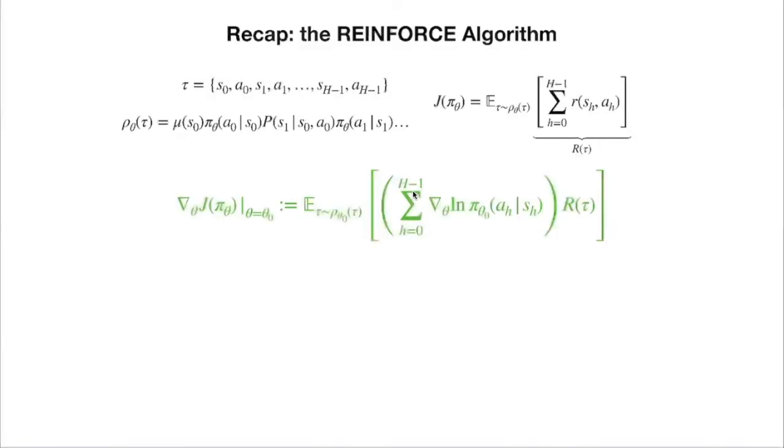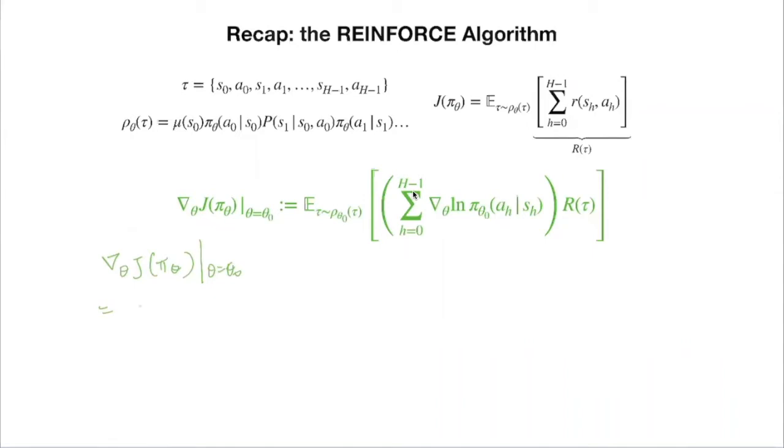The way we do this is that we use importance weights. This is the final formulation that we get. But to recap, let's go through that process again. I'm trying to compute this gradient, maybe at theta equal to theta 0, where theta 0 is the point at which we're going to evaluate our gradient.